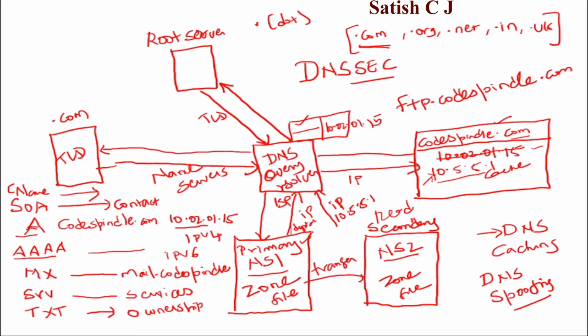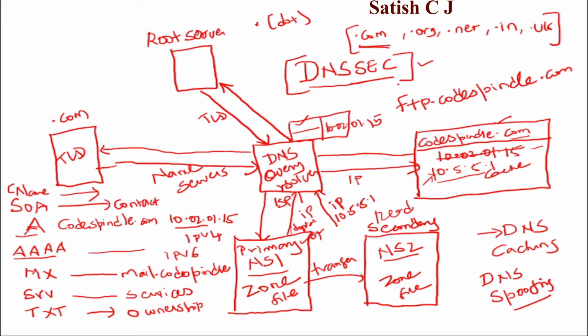A signature is added to the IP address, just a public private key encryption that happens. So the information is encrypted and sent, so that when you receive it, you will be able to verify that it is from the legitimate sender. That kind of protocol is enabled only when you have DNS security extensions enabled on your servers. If DNS security extensions are not enabled, then those servers are prone to DNS spoofing attacks. So that is the use of DNS security extensions.